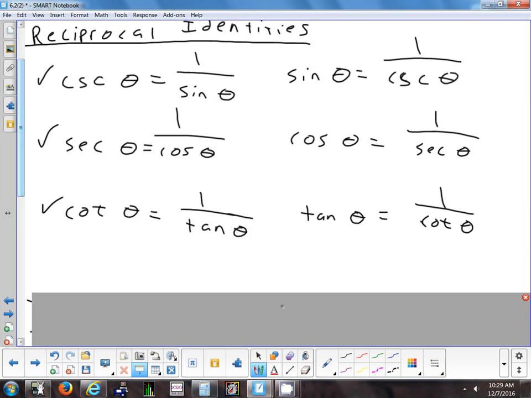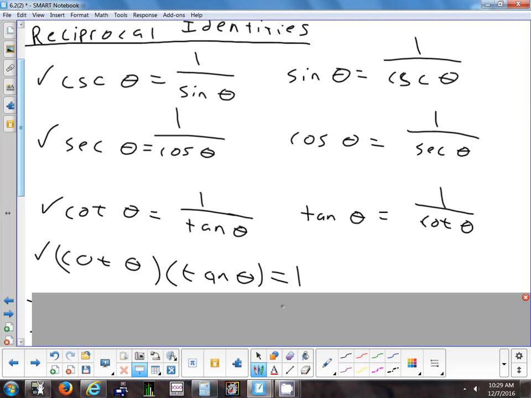I could also write this. Cotangent times tangent equals 1. Why is that true? What did I do to get this one? Yeah, I just took this bottom one and multiplied both sides by tangent. So algebraically we can see how I moved tangent to the other side.